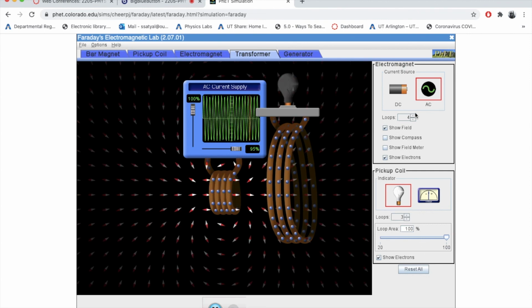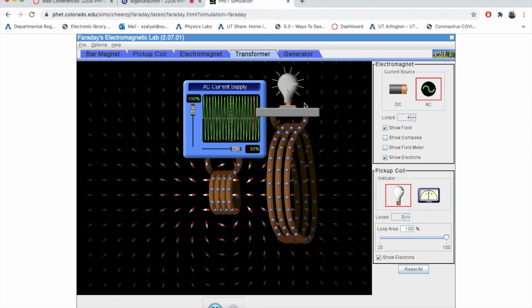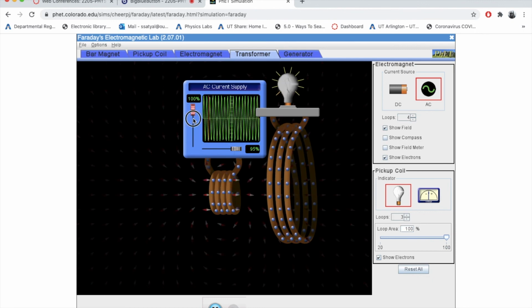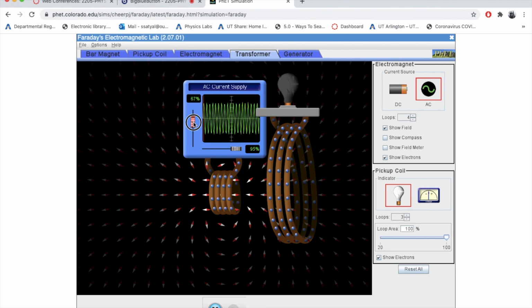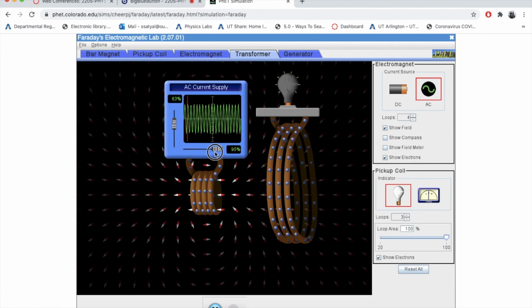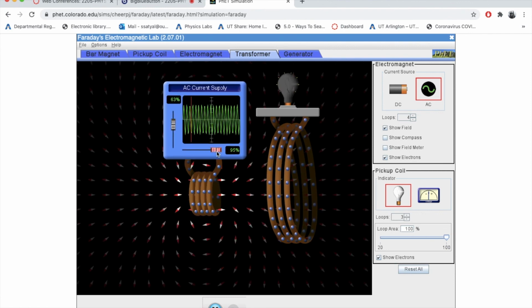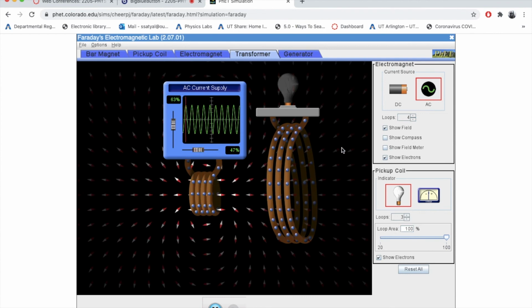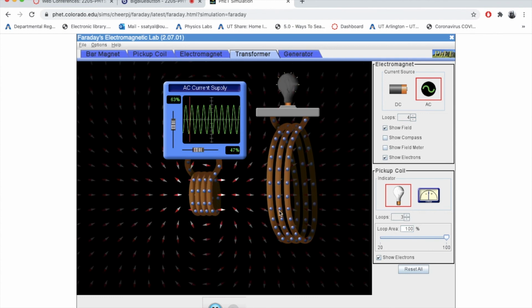Let's explore how the number of loops affects the brightness, the area, the peak value of the current, the frequency of the current, and the area of the smaller or the outer loop.